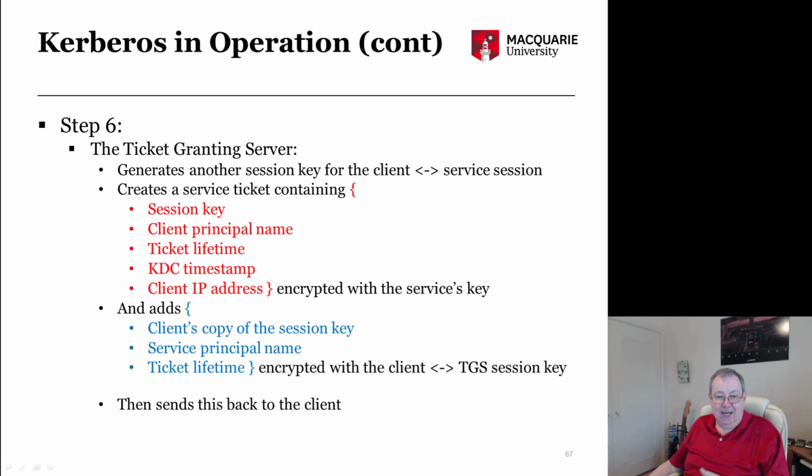And this contains that session key that it just generated, the client principal name, the ticket lifetime, 8 hours, KDC timestamp, client's IP address, and it encrypts all of that with the database server's key, or database service's key, thereby forming a ticket or token. It then adds the client's copy of the session key, the service principal name, and the ticket lifetime, and it encrypts that with the client to ticket granting server session key, and then sends that all back to the client.